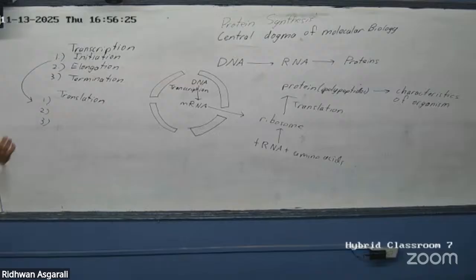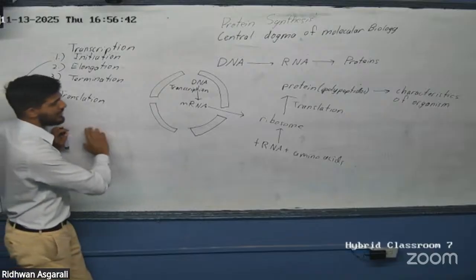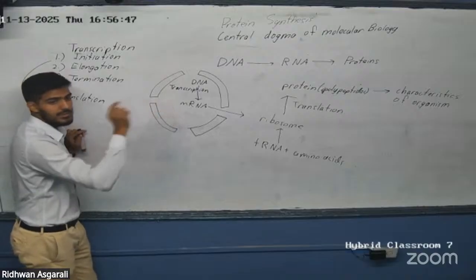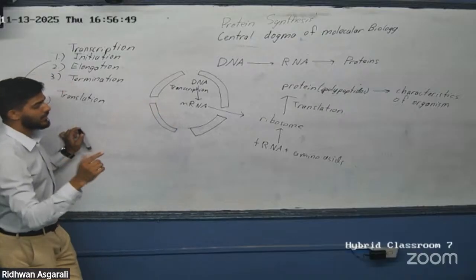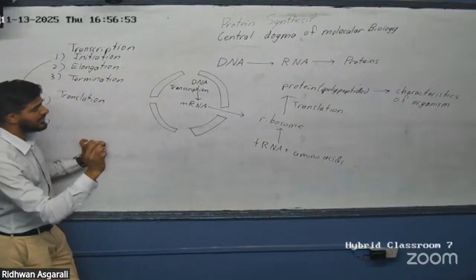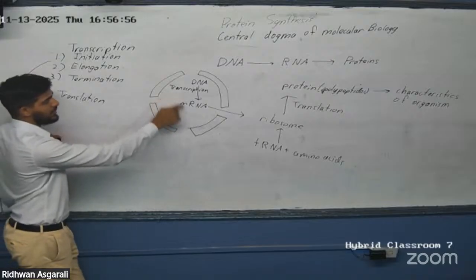Right, so I'm just going to briefly go through it. To initiate means to start. Before, I asked you about something called primers, right? Those are like your start codons. Your entire DNA sequence is not going to be converted into RNA, only certain parts that are needed. Remember, the majority of the DNA is not used. So only the parts the cell needs are going to be transcribed to mRNA.